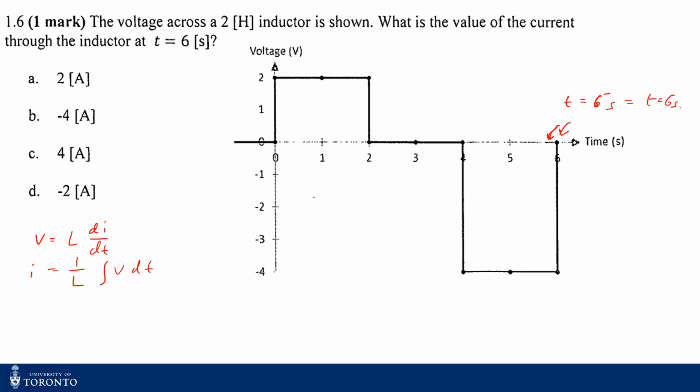Now for the voltage across the inductor, for this first portion we have one voltage and will have one current, but you see for the next 2 seconds there is 0 volts. So therefore this current, which was because of the voltage supplied for 2 seconds, will be dissipated through the inductor for the next 2 seconds, right?